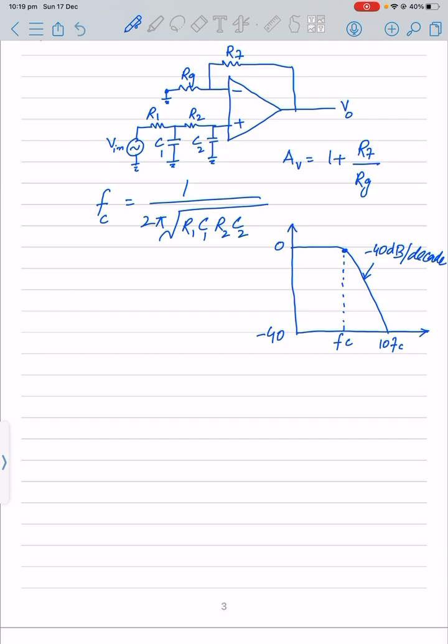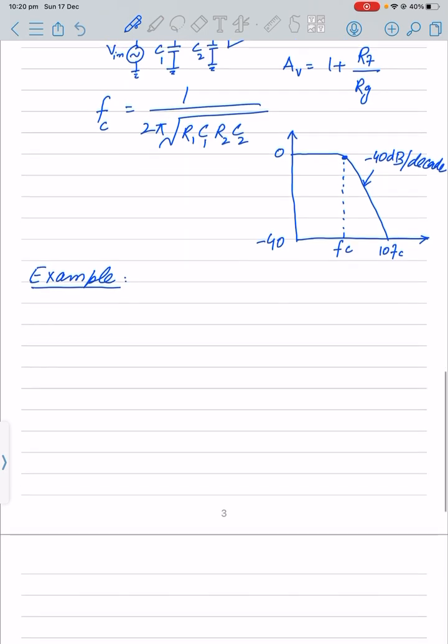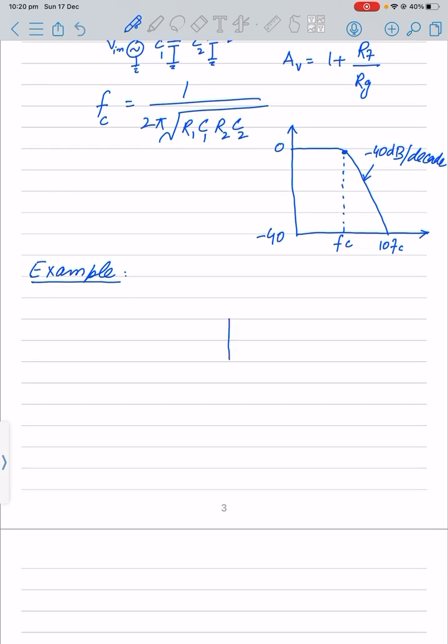So now let's try to see what would happen if we have a particular circuit. So this is some kind of example. So let's suppose that we have an operational amplifier, and that is also a kind of the buffer.